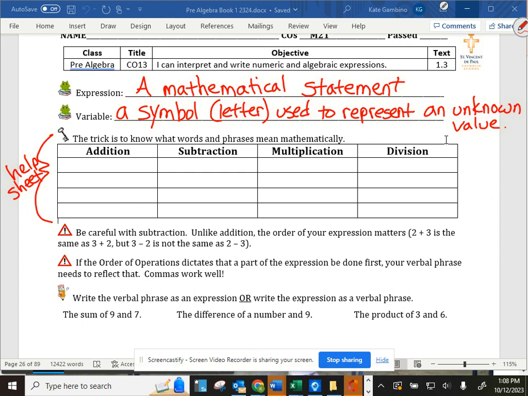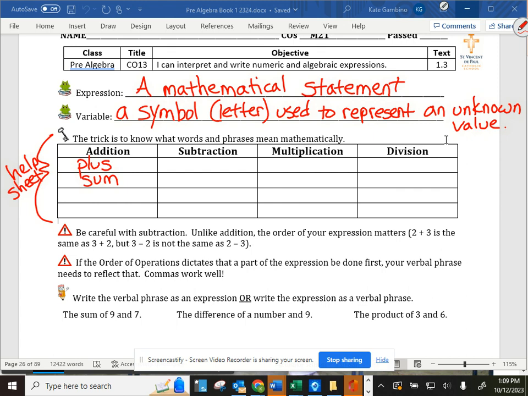What are some words that mean addition? Damien? Plus. What is something else that means addition? Adeza? The sum. If it says, what is the sum of these two numbers, we need to know that we are adding them. Just product. Not product, that's for a different operation.